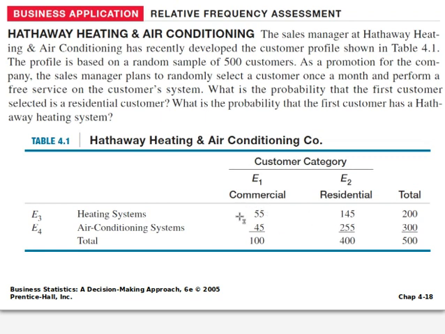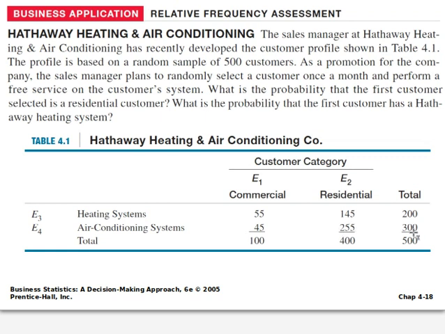These are businesses. Residential are homes. For event 4, air conditioning systems, there are 45 commercial business establishments and there are 255 residential homes with air conditioning.